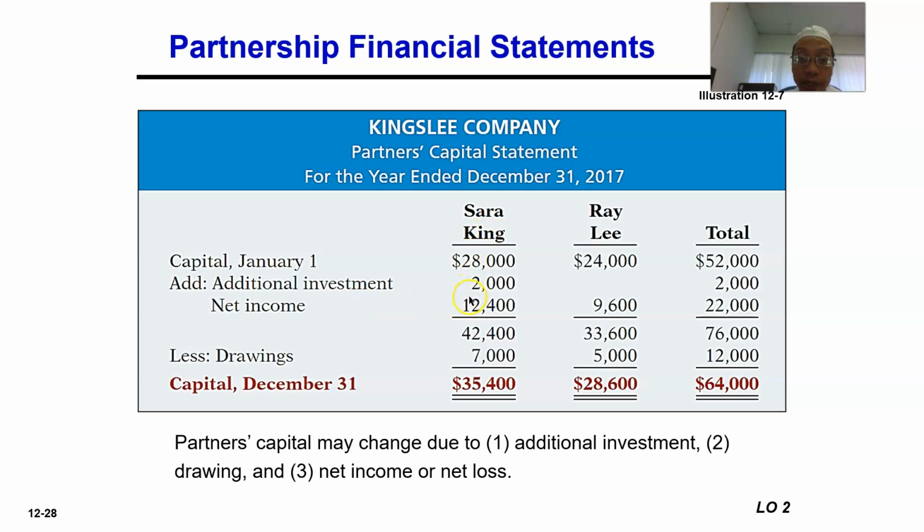Sarah King has made an additional investment of 2,000, and the net income distributed earlier is 12,400 for Sarah King and 9,600 for Ray Lee. Then we deduct the drawings of 7,000 from Sarah King. Therefore the ending capital at 31st December for Sarah King is 35,400, and Ray Lee has an ending capital of 28,600 after deducting the $5,000 he has already taken as drawings.